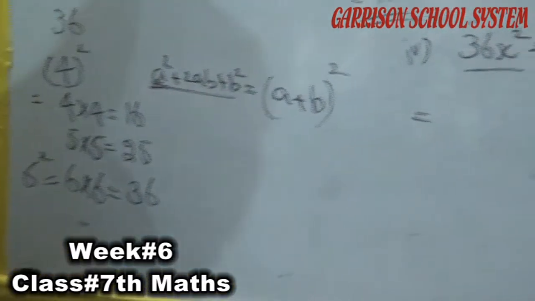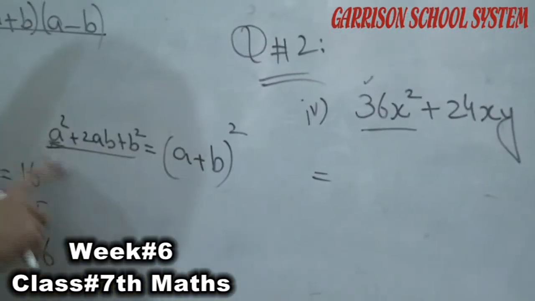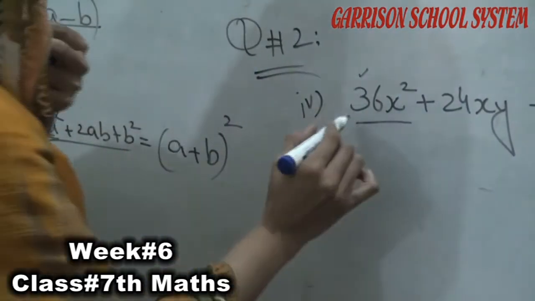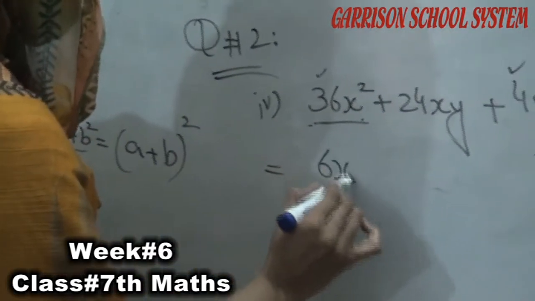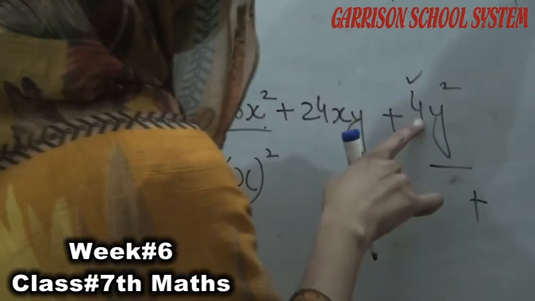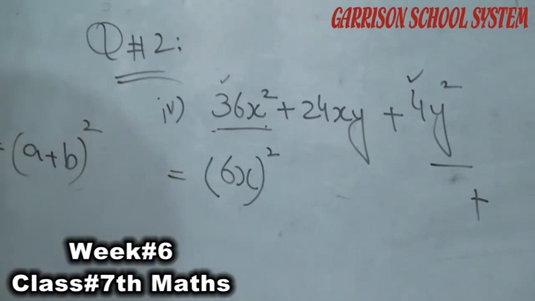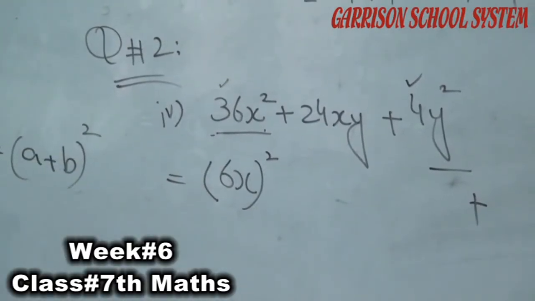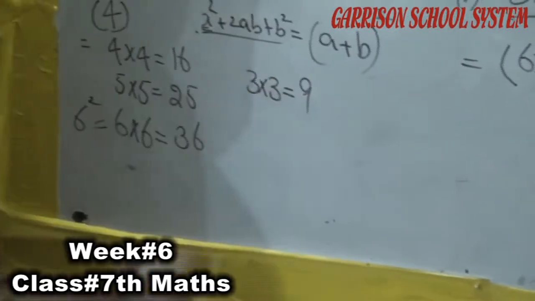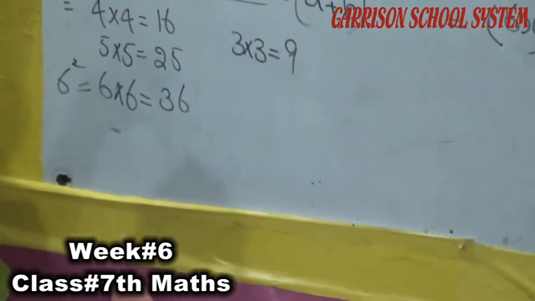36 is the square of 6, means first term 36x square is the square of 6x, and the last term 4 is the square of which term, which digit? If I say 3 multiplied by 3, it will produce 9. 4 is not the square of 3.